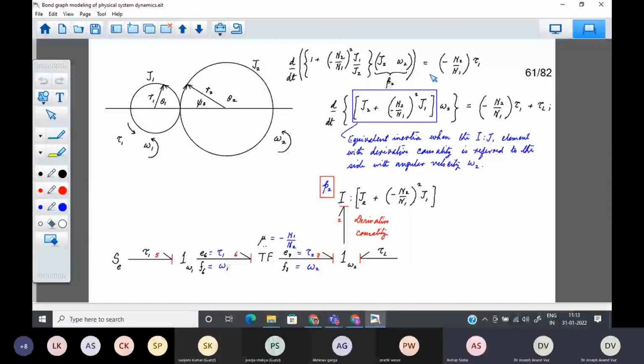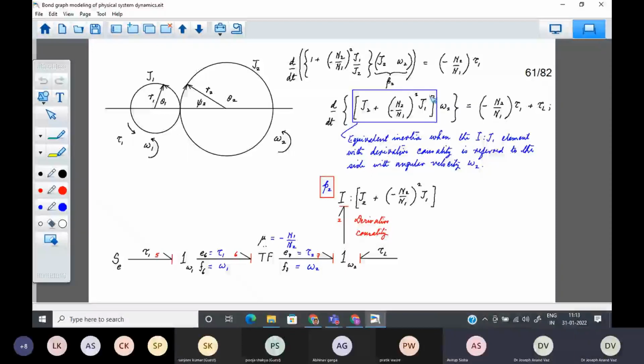When you do that, you will be able to obtain the equation of the same system, but in terms of the equivalent angular momentum, assuming that the angular momentum is related to omega 2.